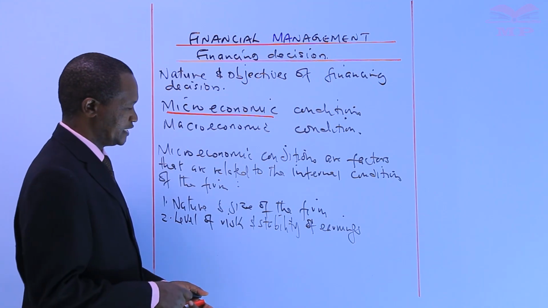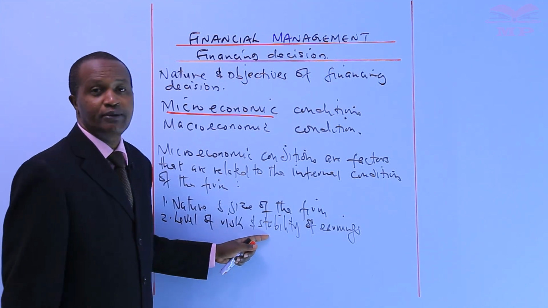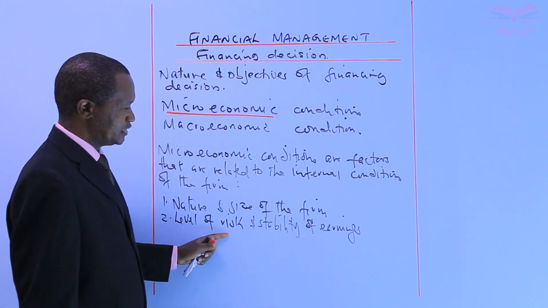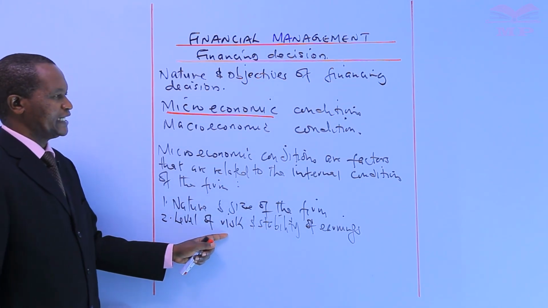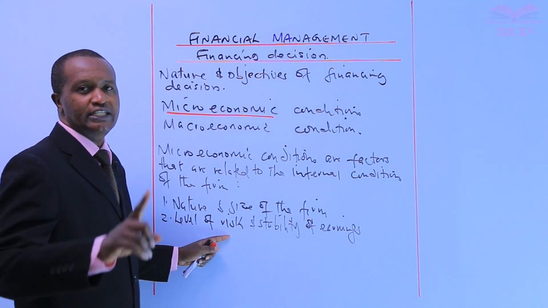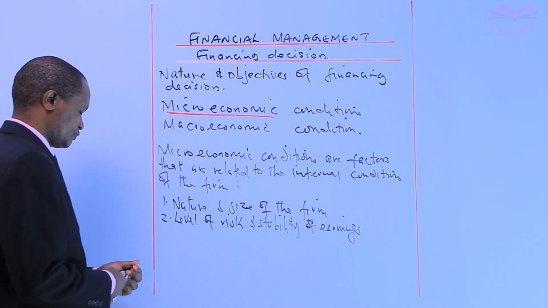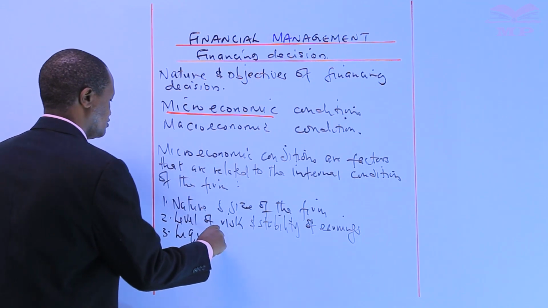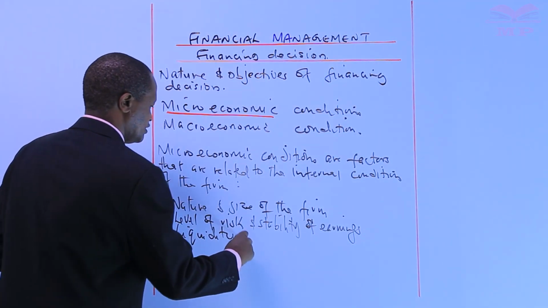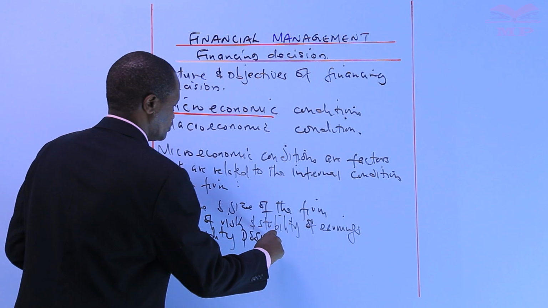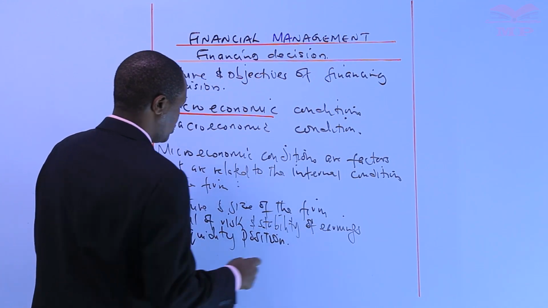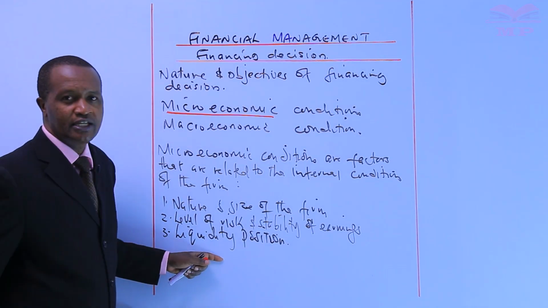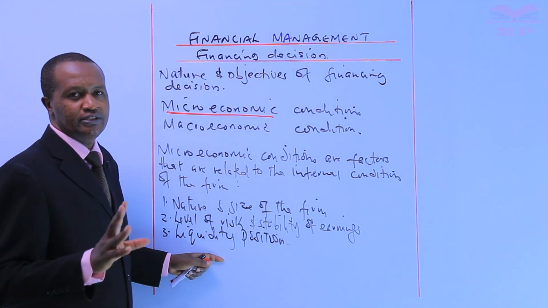There are firms whose earnings are not stable, not predictable. So the level of risk and stability of a firm is an internal condition. Number three, the liquidity position. There are firms that are liquid, there are those that are not liquid.